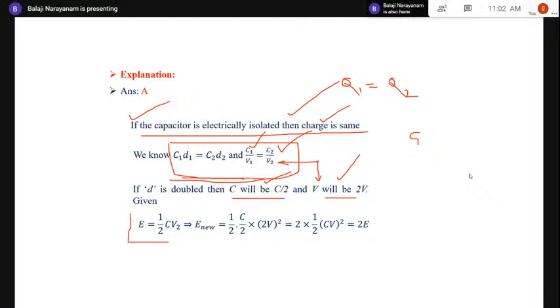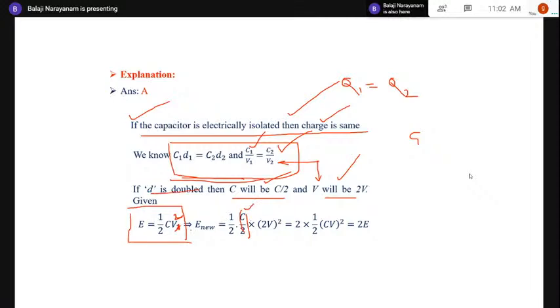What is given? E is equal to half CV square. This is half CV square. In place of C, the new capacitance, if the distance is doubled, is C by 2.